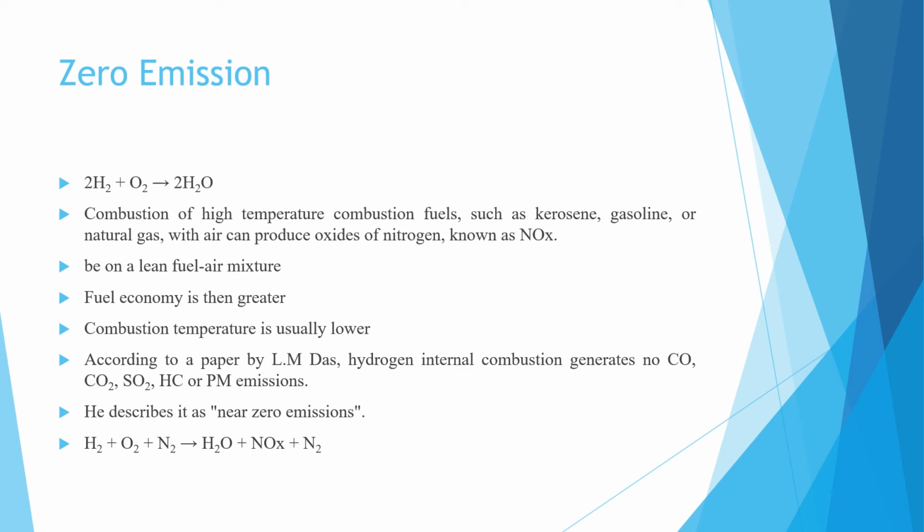The high temperature combustion of fuels such as kerosene, gasoline or natural gas with air can produce oxides of nitrogen, which is known as NOx. Hydrogen has a wide flammability range in comparison with the other fuels, so it can be combusted in an IC engine over a wide range of fuel air mixture.